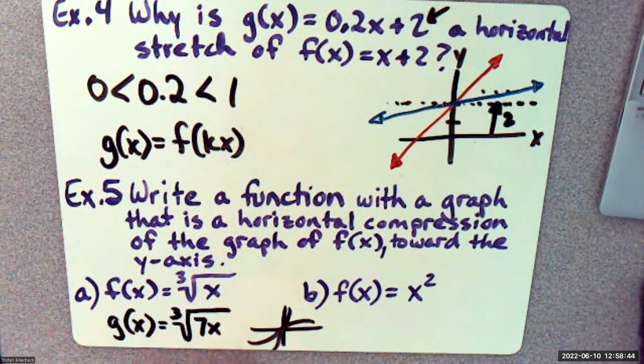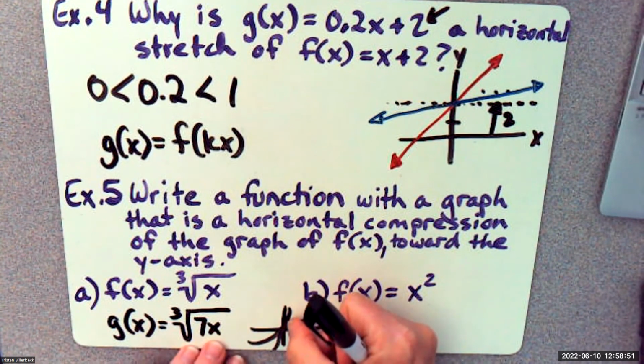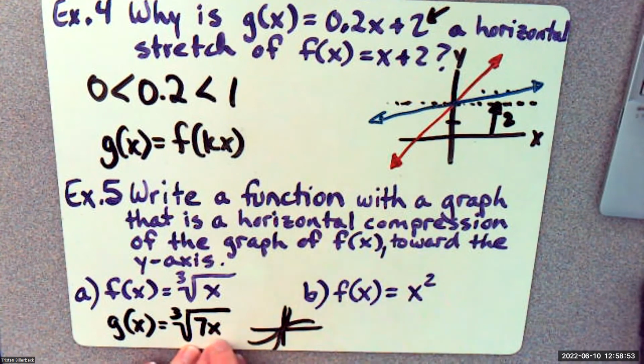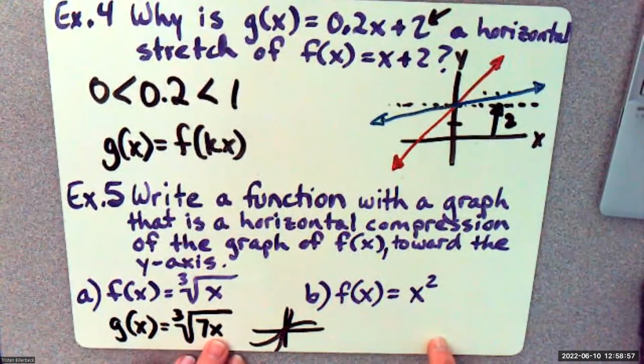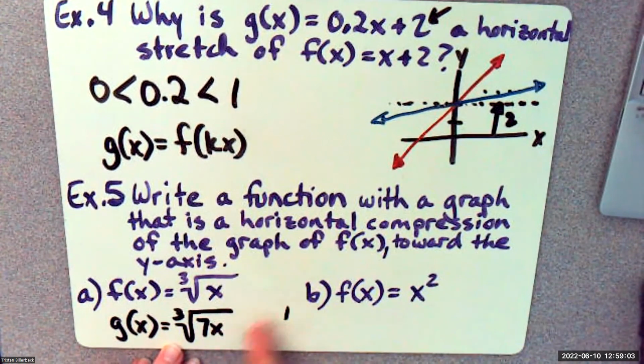So for every x, if I had, let's say, 49 in here, 7 times 49, which is way out here, would be 7. Would that work? Let's take a look at that again.